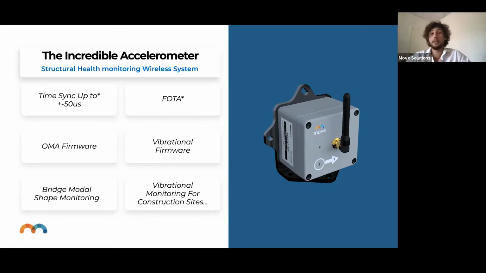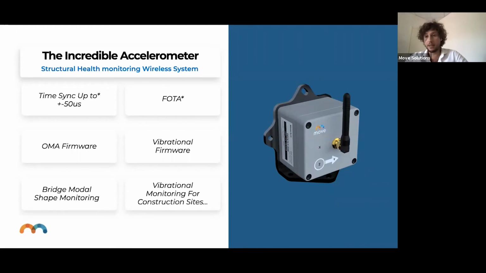What does synchronized mean? It means that they need to perform sampling at the same time. Let's say they could have a little shift in phase, but they need to be highly synchronized. Now, one of the issues when we're speaking about synchronization is that synchronization means high power consumption.